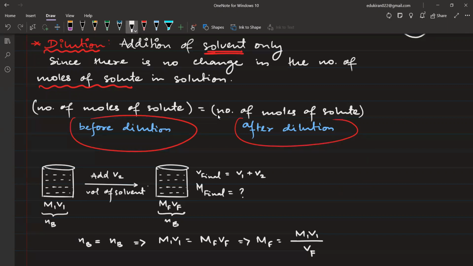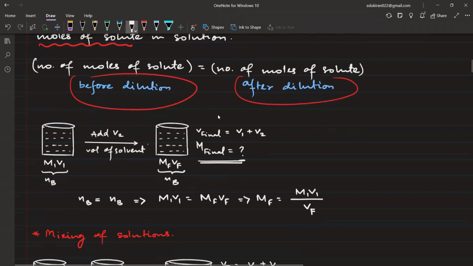The final molarity depends on the number of moles, and since the number of moles before and after is the same, M1 V1 will be equal to M final multiplied by V final. So M final will be equal to M1 into V1, representing the number of moles, divided by V final. Please write this down.